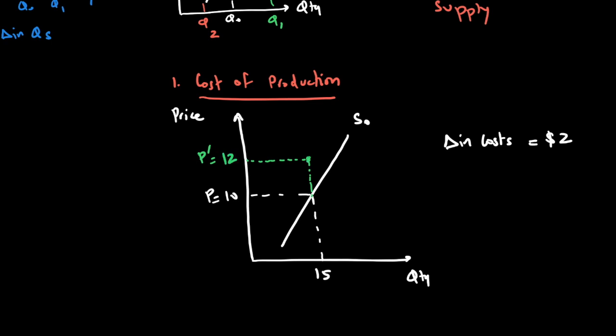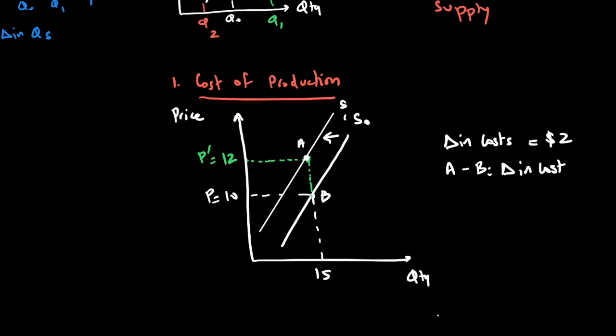So which means that the supply curve will be shifting backward by $2. In other words, what I'm saying is this, that the vertical distance between the two supply curves, this vertical distance AB between the two supply curves, is what we call the change in cost of $2. And the supply curve is shifting backward by $2 due to a change in cost.